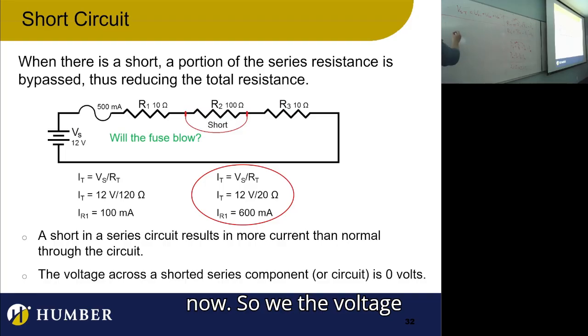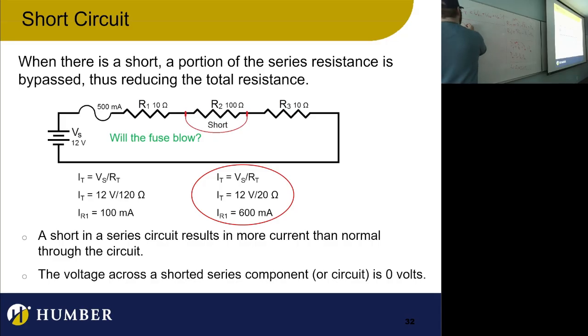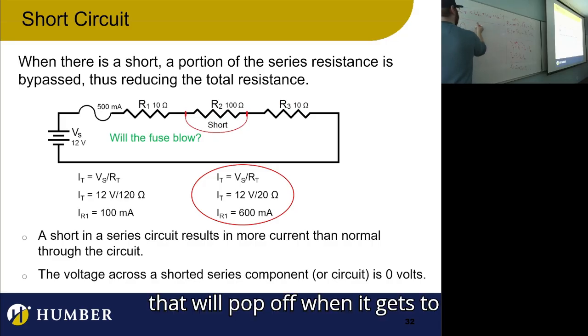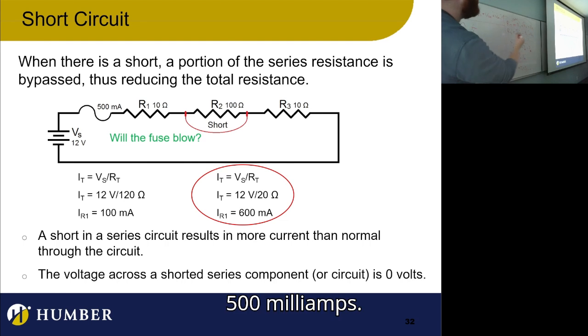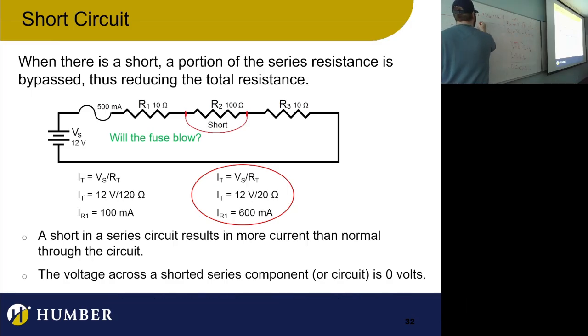So we have the voltage source, which is 12 volts, and we're going through a fuse that will pop off when it gets to 500 milliamps. And then we have resistor 1 at 10 ohms. R1, 10 ohms.